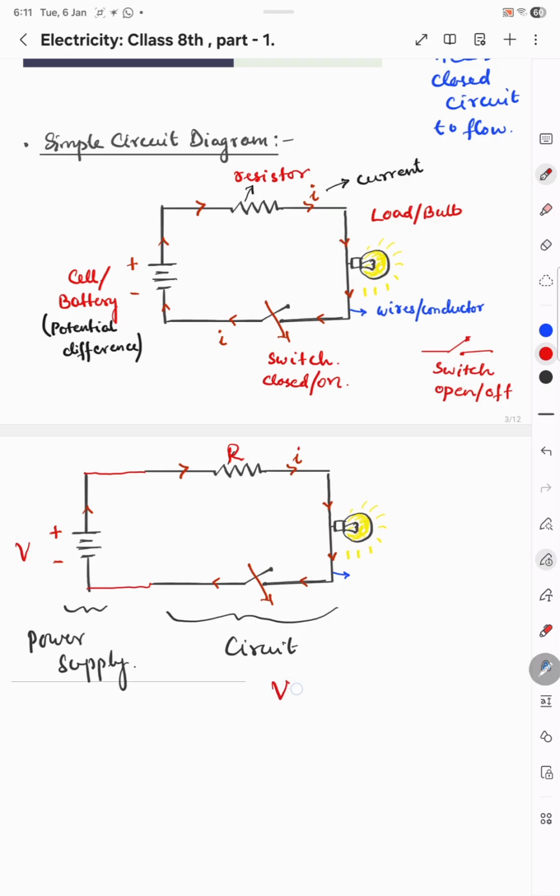So V is our potential difference, and I is the current flowing through the circuit. So by definition, potential difference is the work done in moving a unit charge from the positive terminal of the battery to the negative terminal.